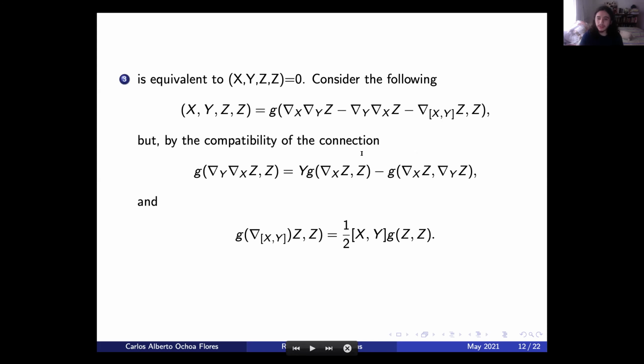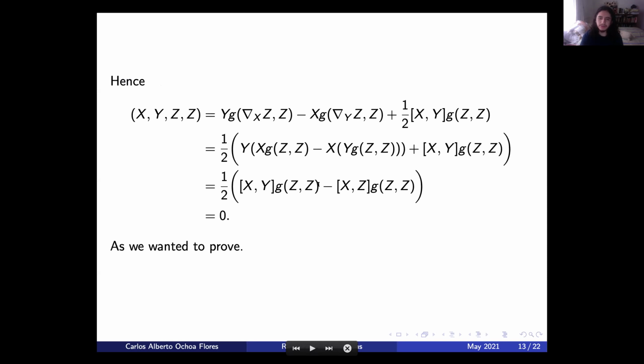Both of them have this term here, one with a minus sign and the other with a plus sign because of this sign. So this one goes away, and we are left with only this type of term here and here, and this is the other term that we had.